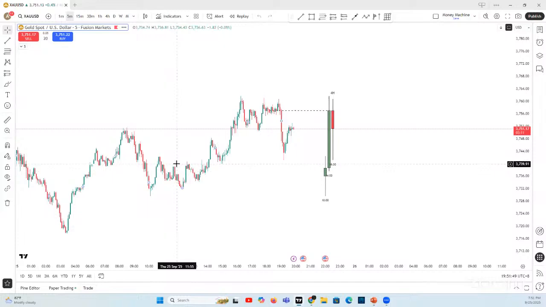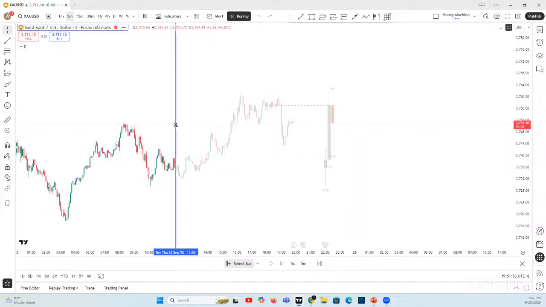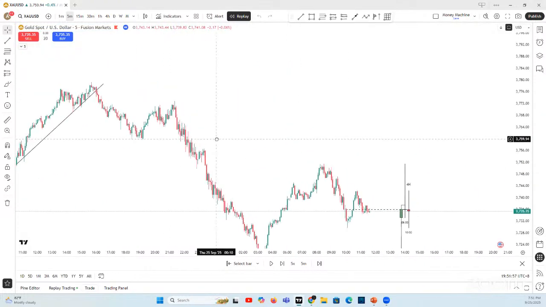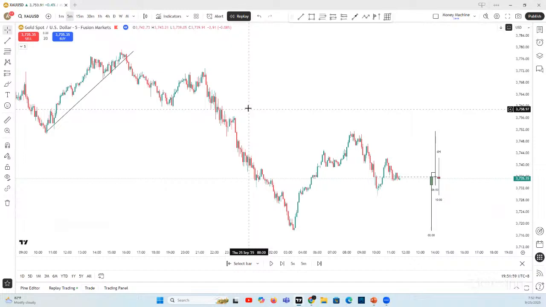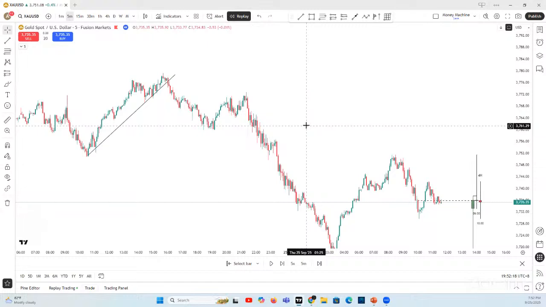Okay, let's try this. Last night gold dropped dramatically, yeah? Wow, if you were able to catch this trend on the downside, you would have a lot of profits, my friends.